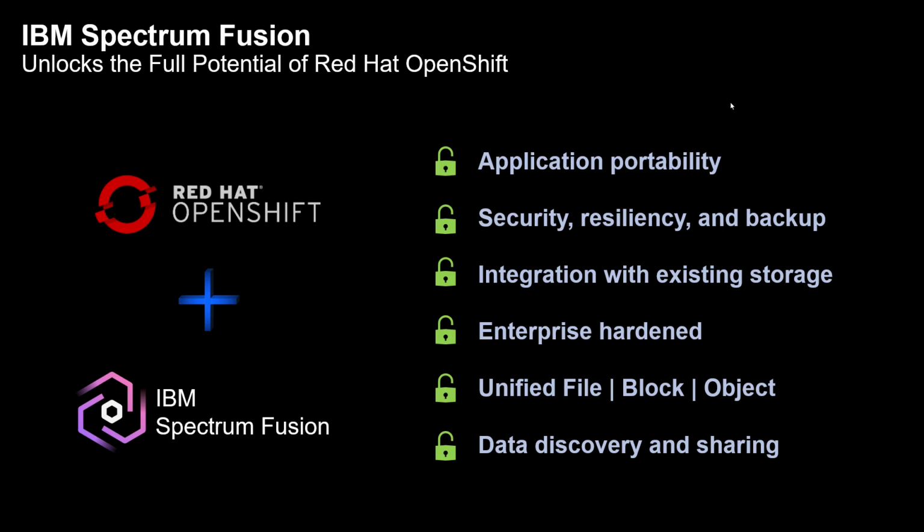So if you already have some block storage, or maybe even Spectrum Scale or Cause, we'll be able to use that as an instance. Everything is put together by IBM, enterprise level, and it's hardened. You can have file, block, and object type storage. And we also give you the capability to discover what type of storage you have, what kind of data you have, and be able to share it.